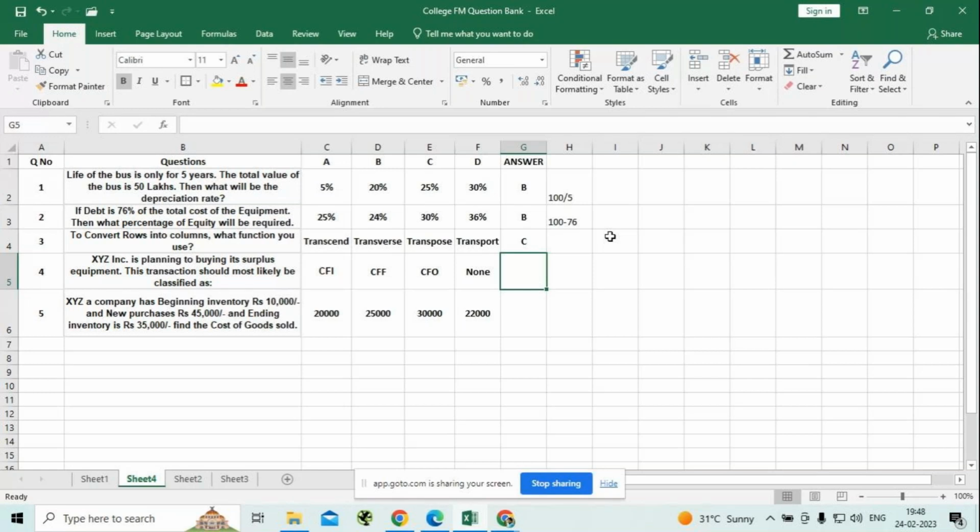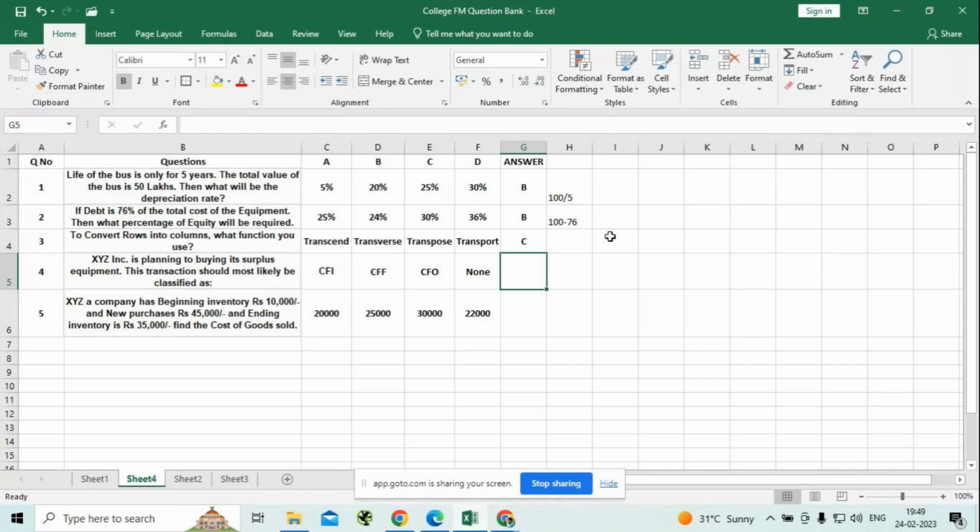Now out of these three, which can this particular transaction reflect? Equipment means what? Is it a capital or an asset? Asset, I think. So which of these three talks about assets?